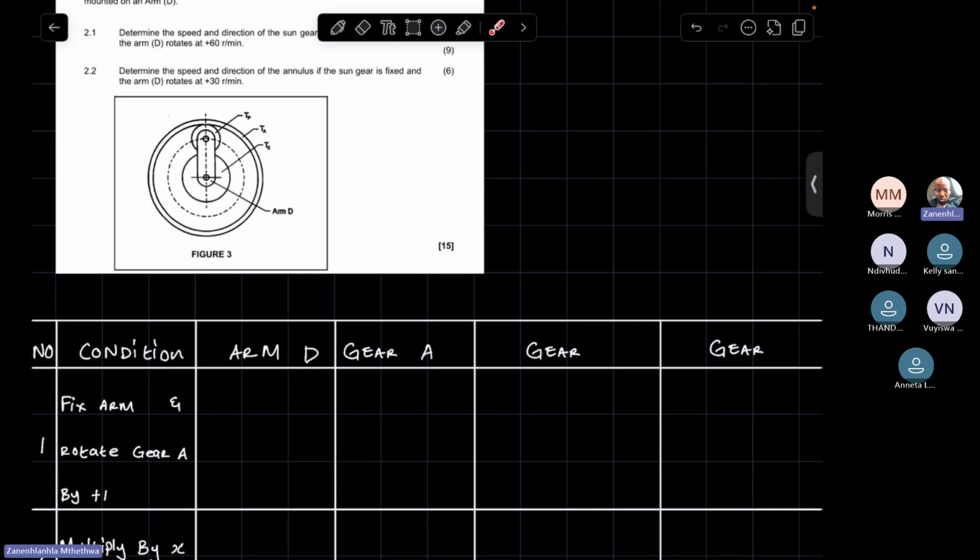Now, take note of the next column and why I use it for the gear I'm going to use it for. The reason for the components I'm going to place here is based on which gear meshes with the annulus. So I look at the gear that meshes with the annulus. The gear that meshes with the annulus is the planetary gear. Because of that relationship, I then have gear P here, which represents the planetary gear.